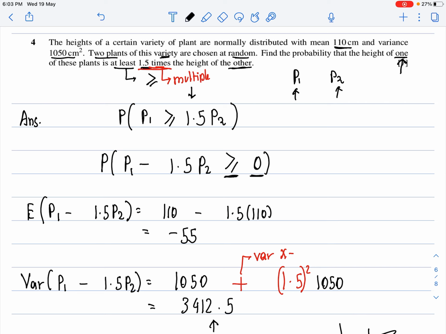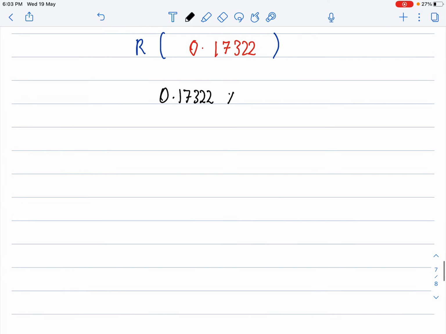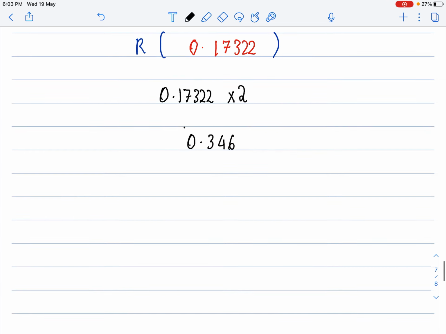Because any one of them can become 1.5 times more than the other, I need to multiply this probability by 2. When I multiply this by 2, I get 0.346, which is the final answer of my question.